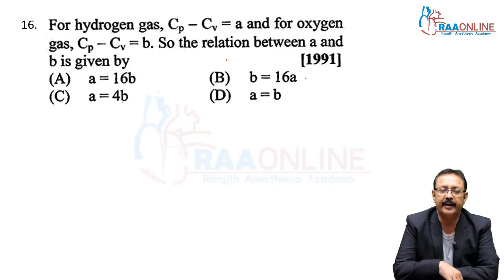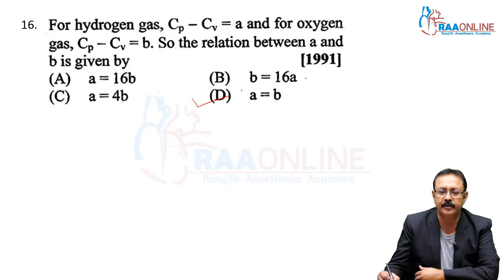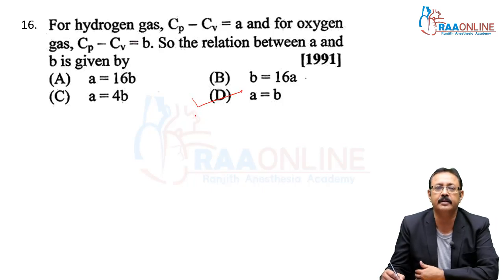So A should be equal to B, the concept of Mayer's formula. So we are going with D.